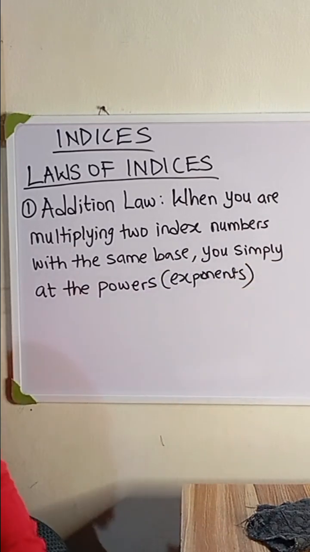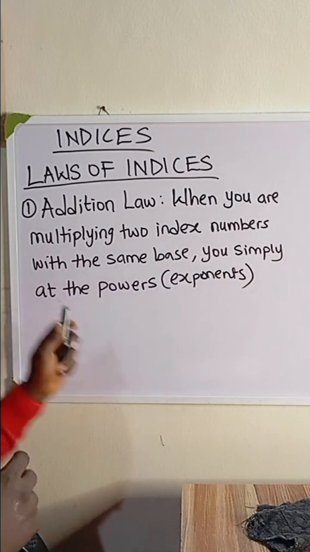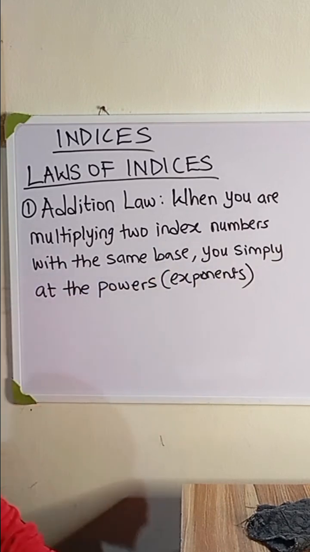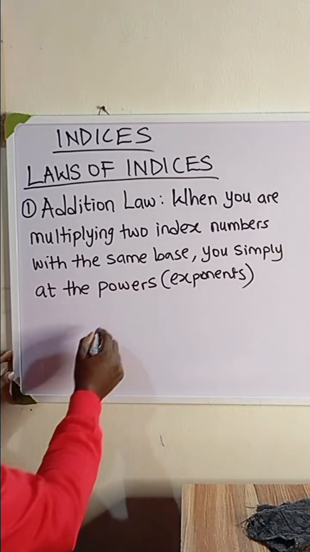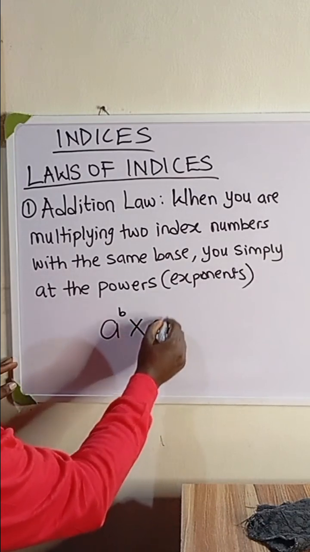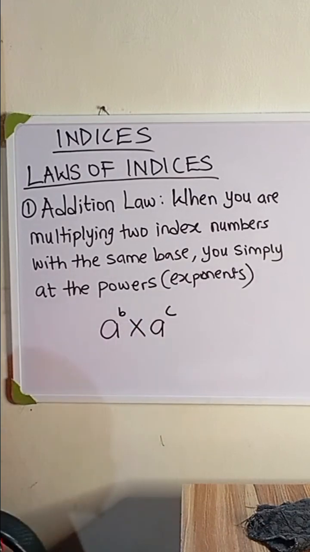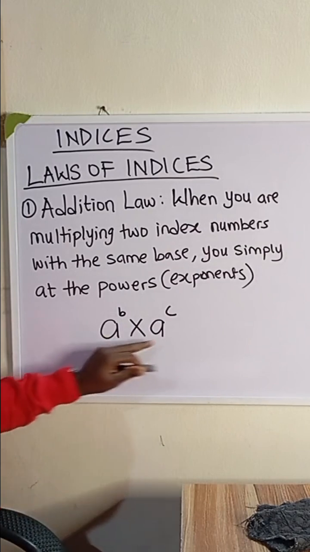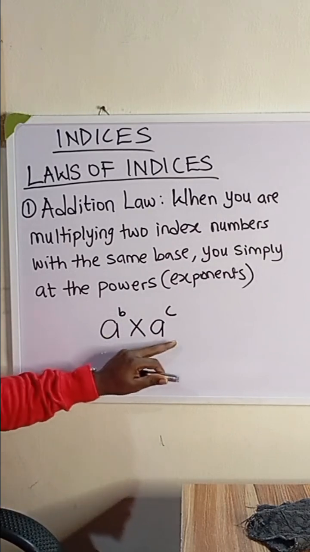So whenever you are multiplying two index numbers with the same base, one of the things you must check is, are the bases the same? For you to apply this law, the bases must be the same. So for example, if you have a to the power of b multiplied by a to the power of c, both bases are a.